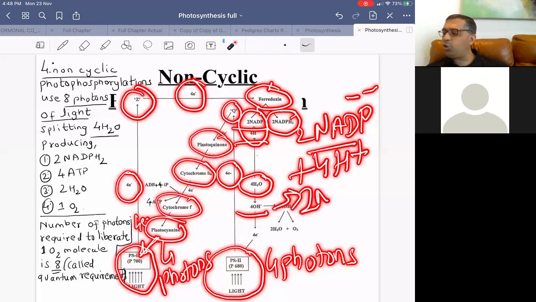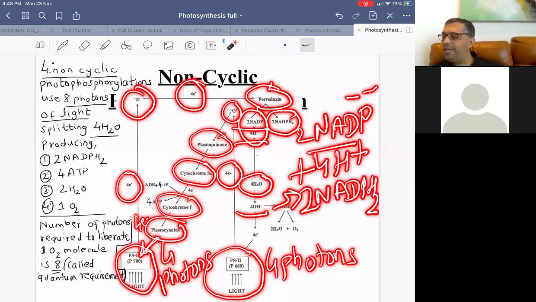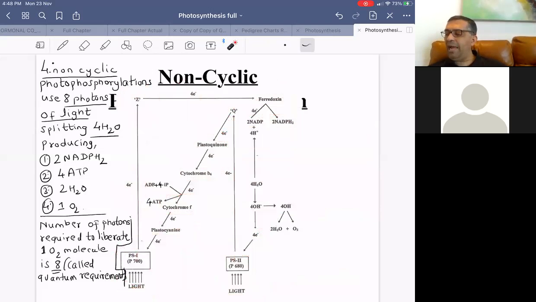And 4OH minus will give 4 electrons, which will bring PS2 back to ground state, and 4OH are left. 4 hydroxyls.